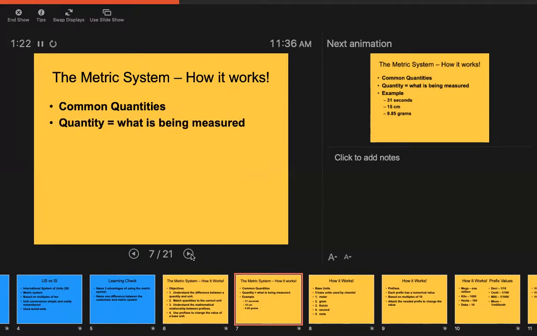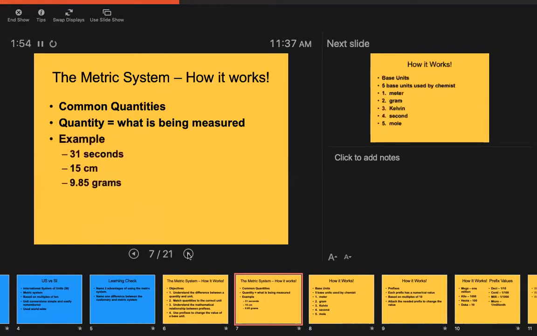So a unit is what you measure it with. The quantity is what you're measuring.